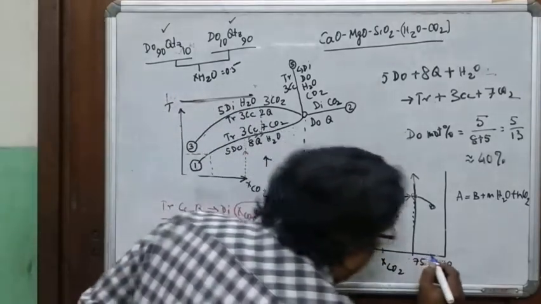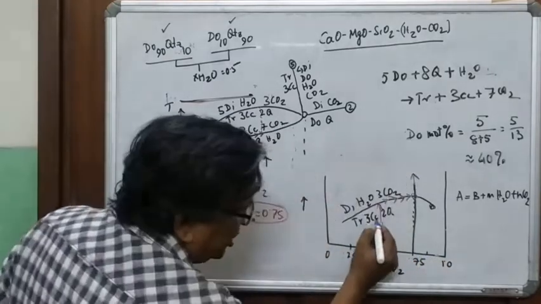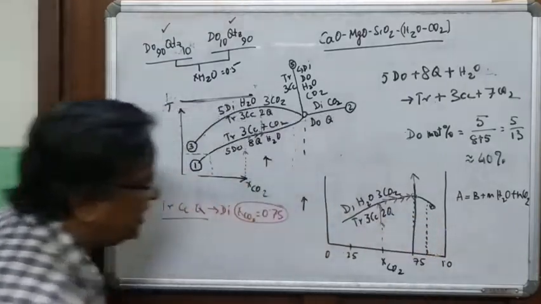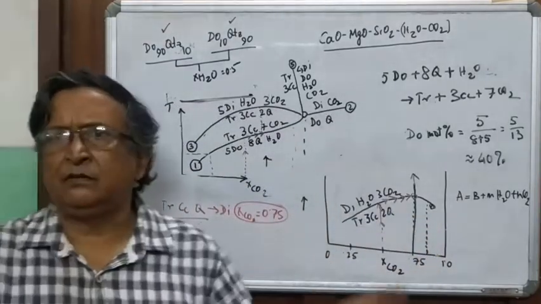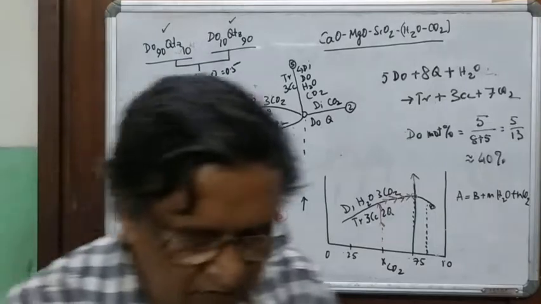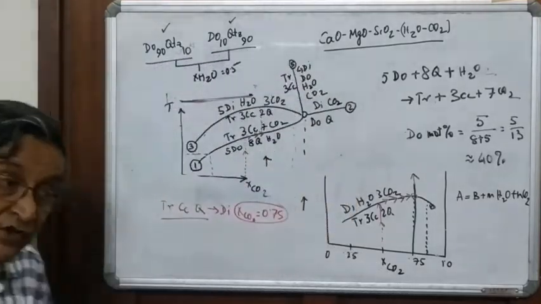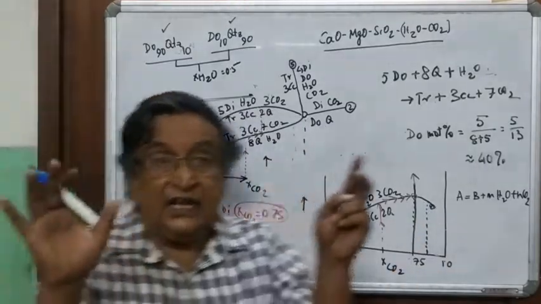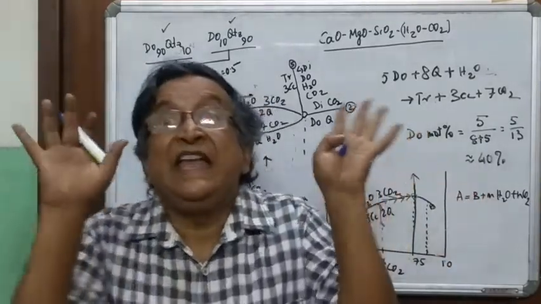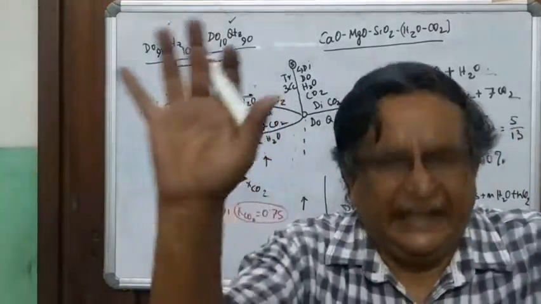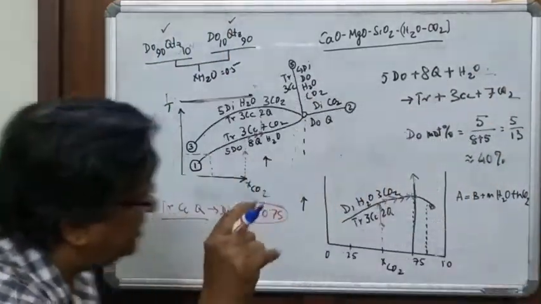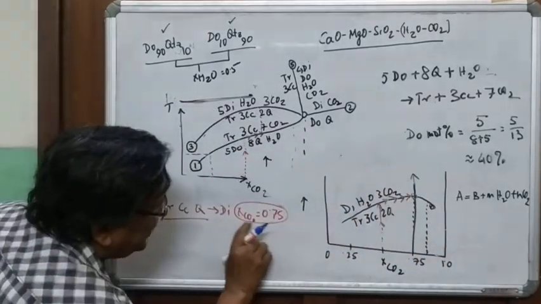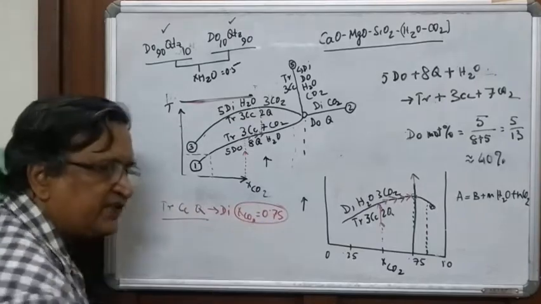Let's say we start with a rock here, corresponding to the red. We start with a rock with an XCO2 value, say 0.8 or 0.9. Now you see what happens. It is very interesting. Now the rock, before it reaches here, had an XCO2 value of 0.85. But when the reaction is operating, H2O and CO2 are being produced with a ratio giving 0.75.